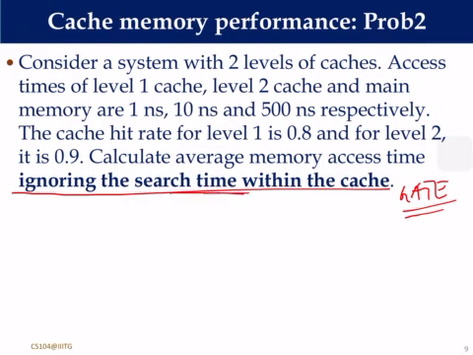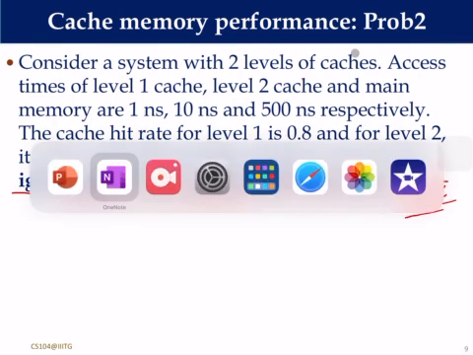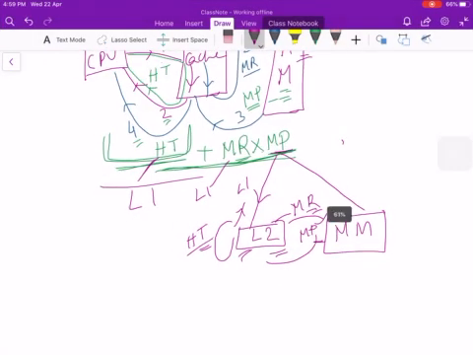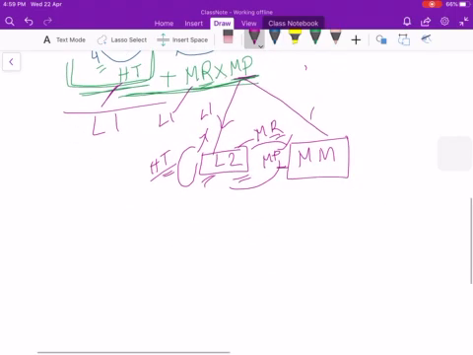Now what will happen? Can you think of anything? So to address that, let us come here. So this is the situation.